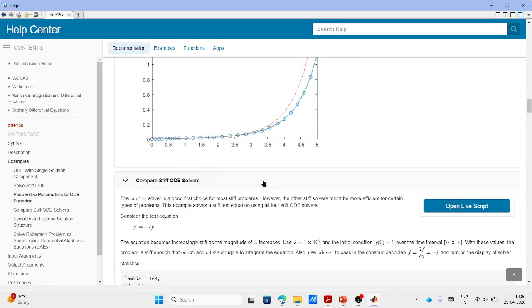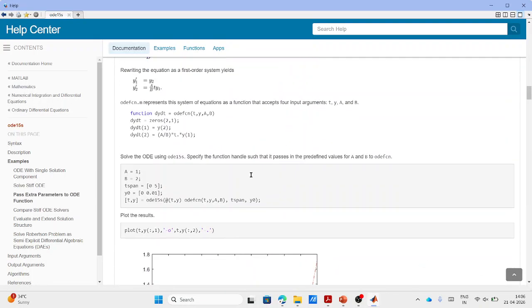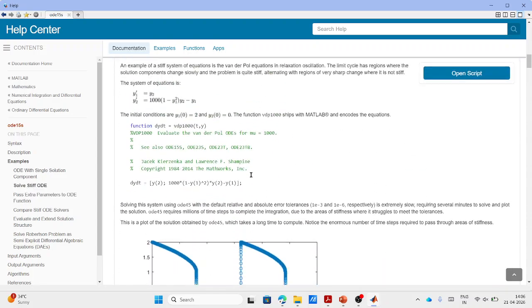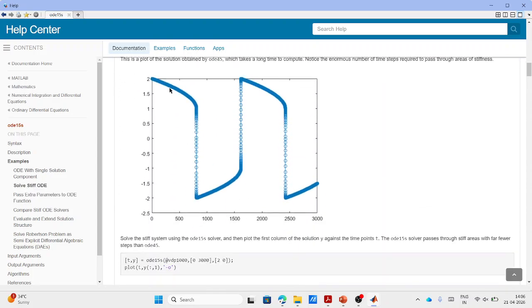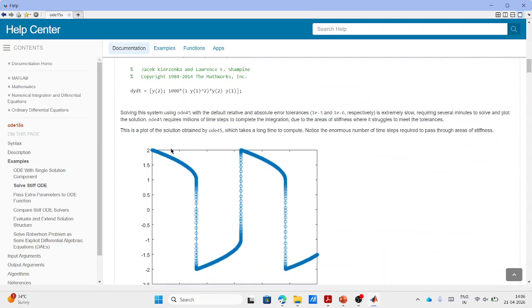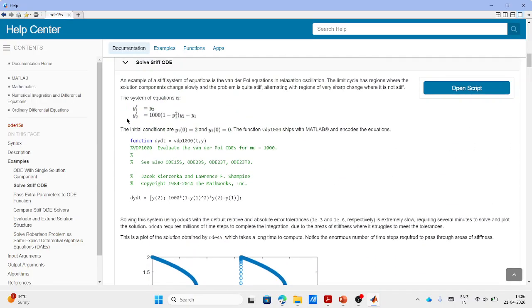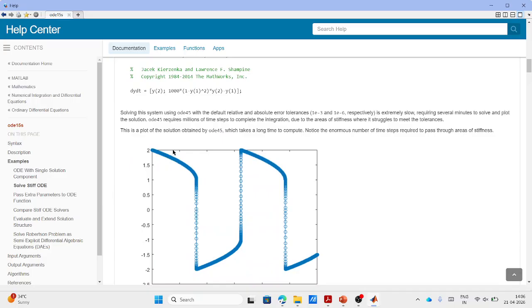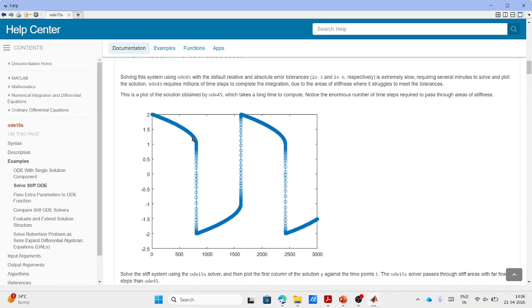Anyway, this is used for stiff equations, where you can see the function value varies drastically at certain points. With respect to the variable y1, the value at this portion is decreasing linearly, then for a certain time span it's changing very drastically, and then again you have this kind of sinusoidal behavior.